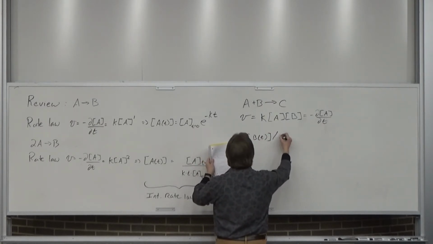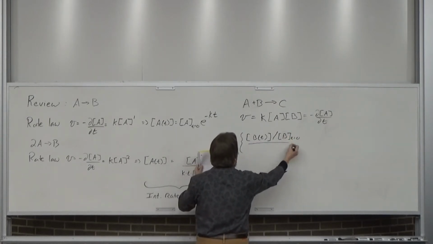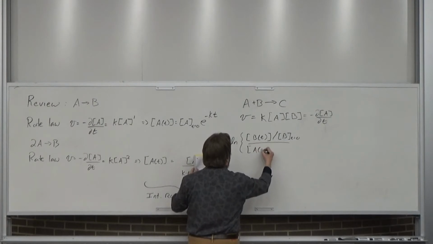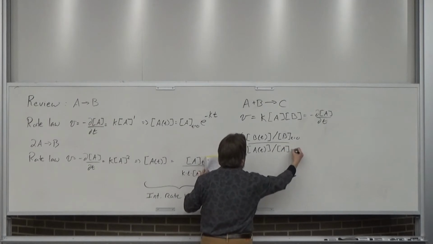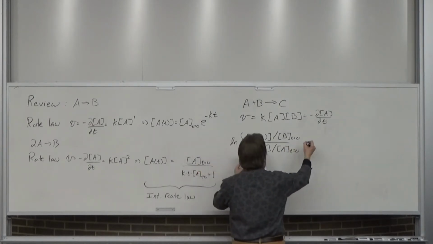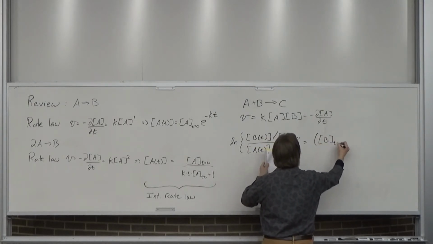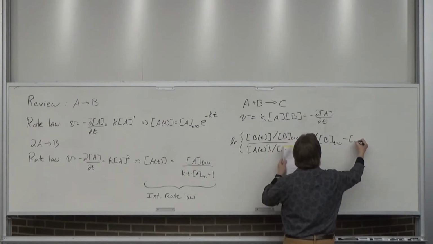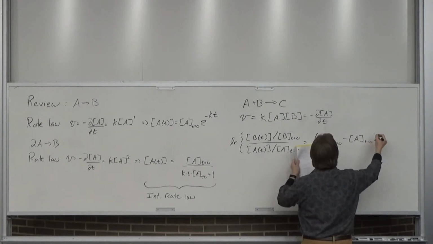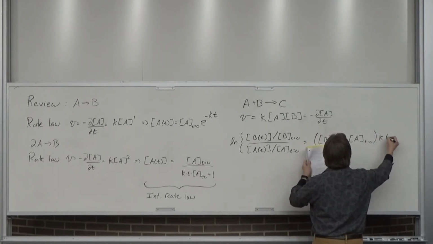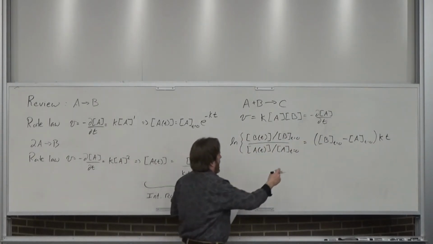There's the change in B, divided by its initial concentration, and then you have the same for A, divided by its initial concentration, and that is equal to the difference in the initial concentration of A and B. It's arbitrary, of course, what A and B are. So, kt, there we go. In brackets, sorry.